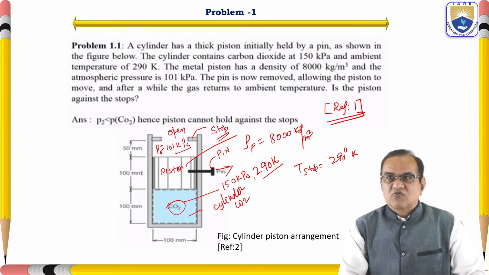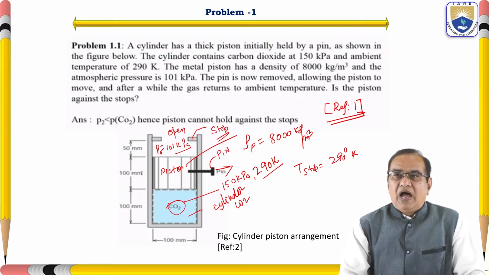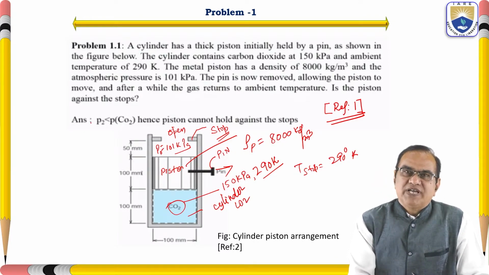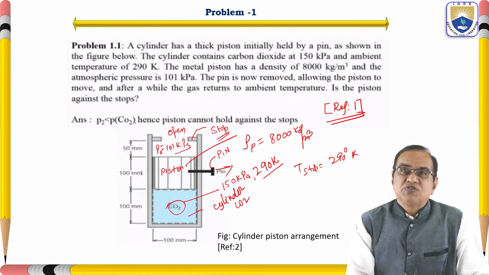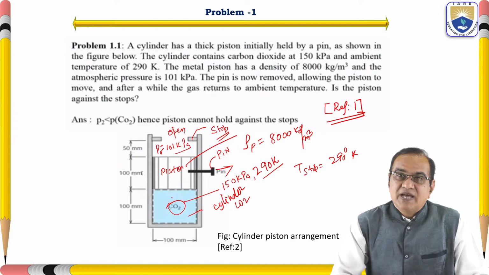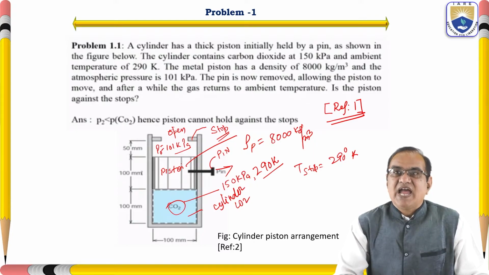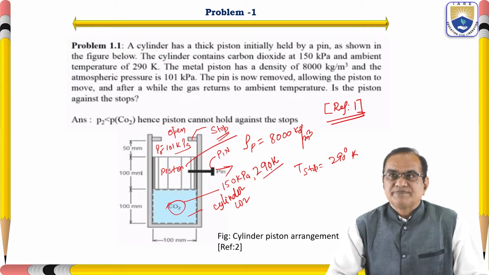The answer I have shown here is that P2 is less than P of CO2. Hence, the piston cannot hold against the stop. So the pressure in this area is less than this pressure. We will be discussing this and see how we can go about it.